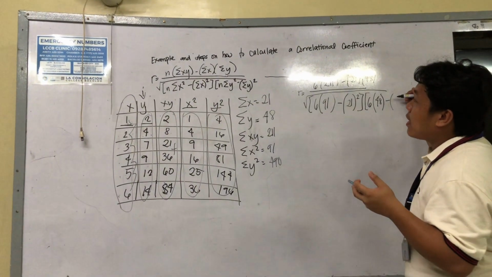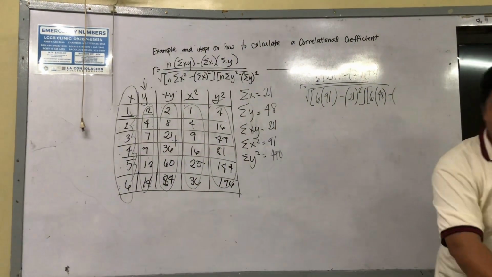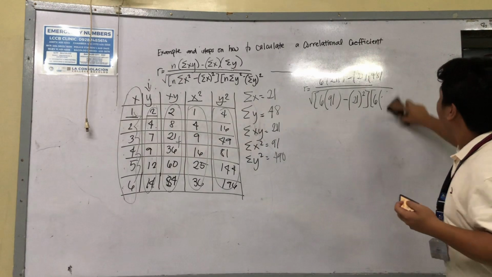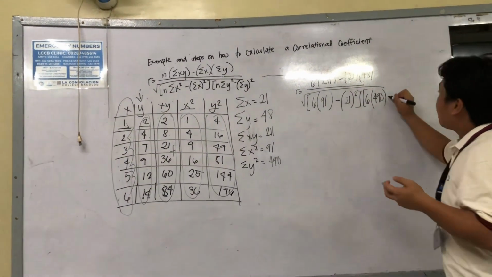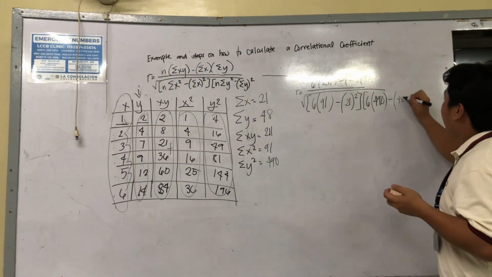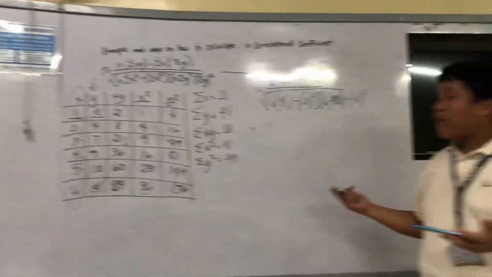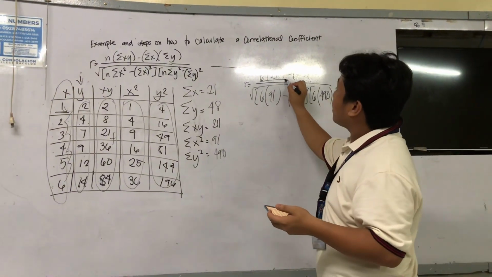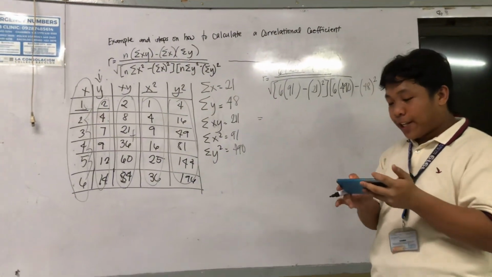The next is sigma y squared, I'm so sorry. Sigma y squared is 490 minus sigma y, which is 48, squared. Now, we need to compute all of this. We follow the steps. First, multiply, let me use my calculator.